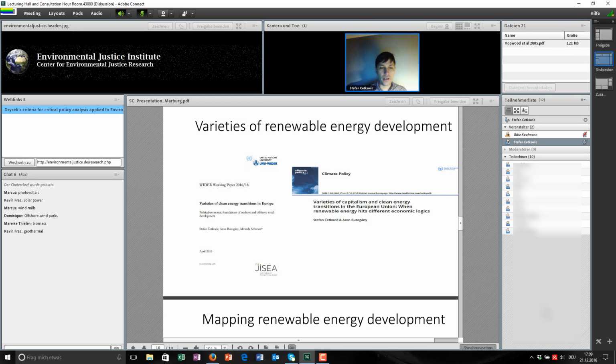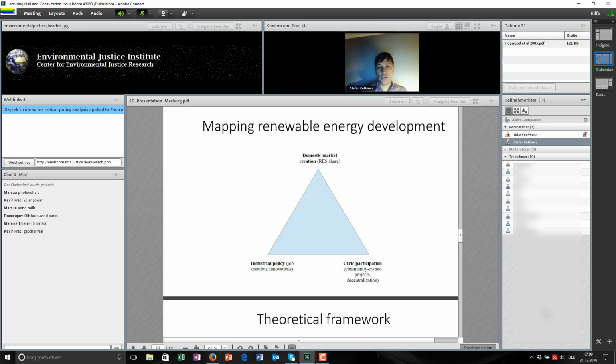So basically, the idea was to understand how renewable energies develop in different countries and to explain why this is the case. And in order to do that, we had to come up with a framework to measure renewable energy development.